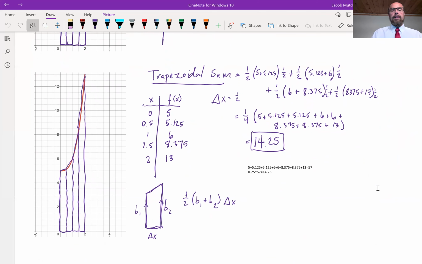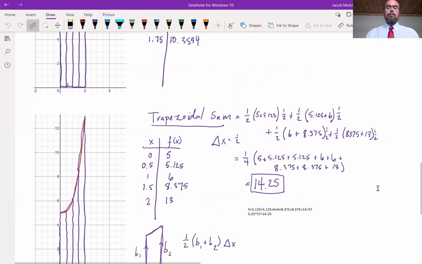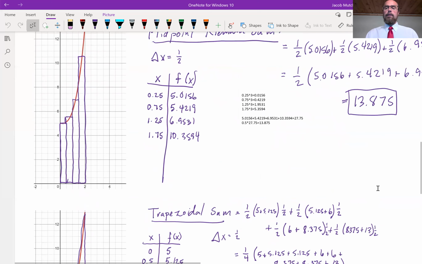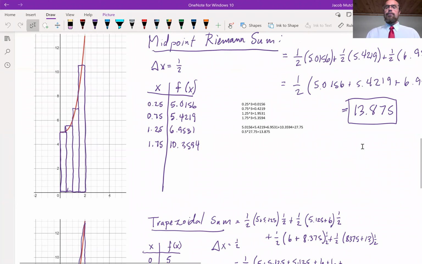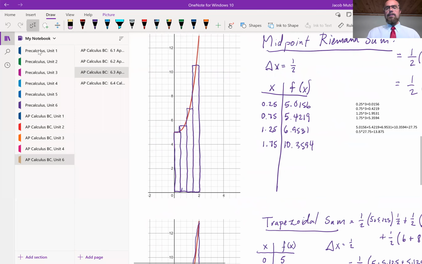Surprisingly enough, that is a closer approximation than the trapezoidal sum. Trapezoidal was calculated as 14 1/4, a distance of 0.25 away, which is farther than our midpoint Riemann sum. So it is good to take a look retrospectively and see which one of our approximations is the closest to the actual calculation. In this case, it would have been the midpoint Riemann sum.